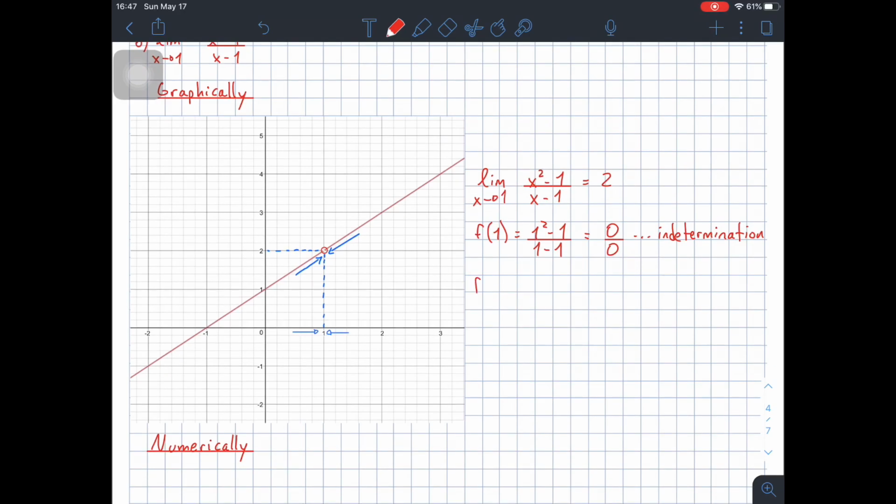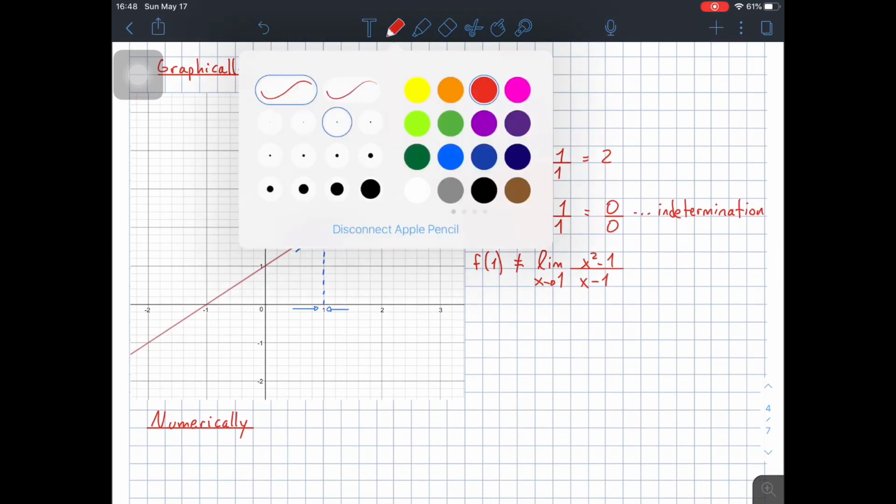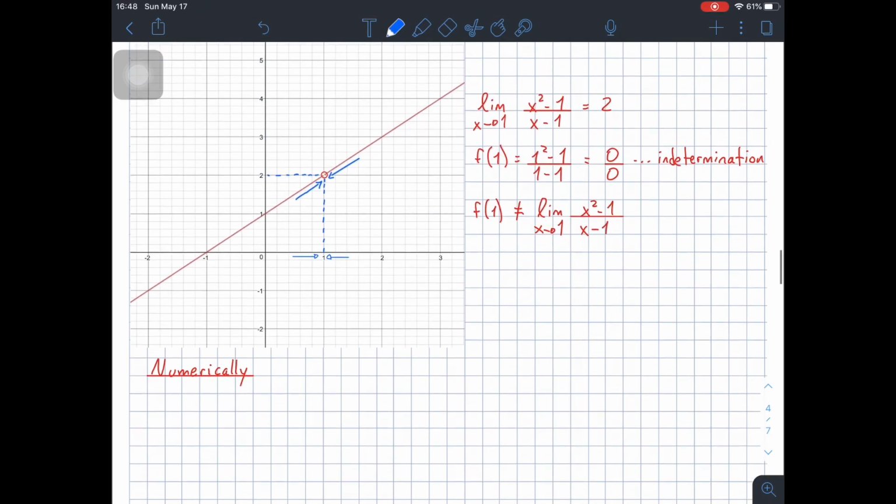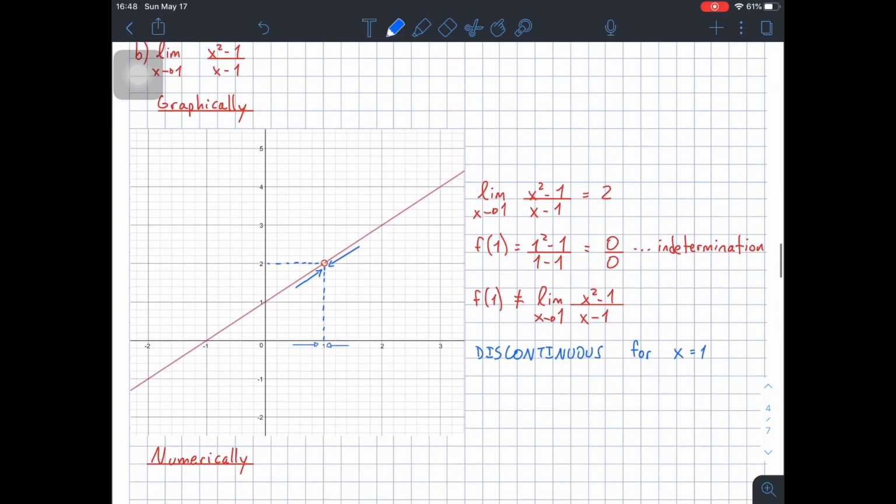So we're going to write it as f of 1 is different from the limit of x squared minus 1 over x minus 1 when x approaches 1. And as they are different, we're going to conclude that the function is discontinuous for x equals 1, right? Because the third condition, which is that this should be the same as this, is not fulfilled, right?